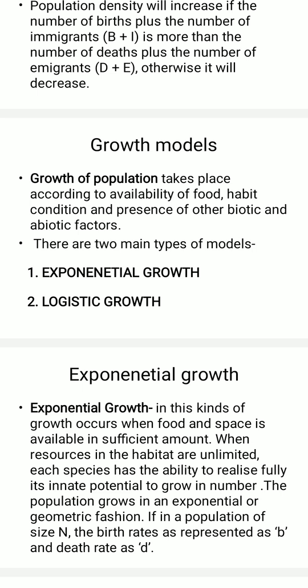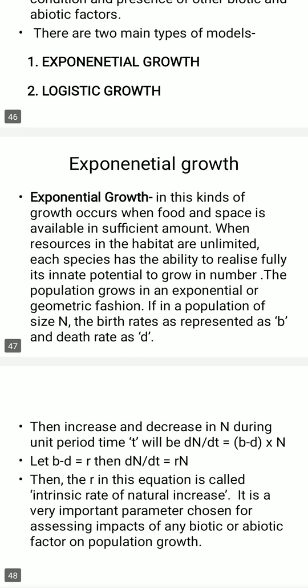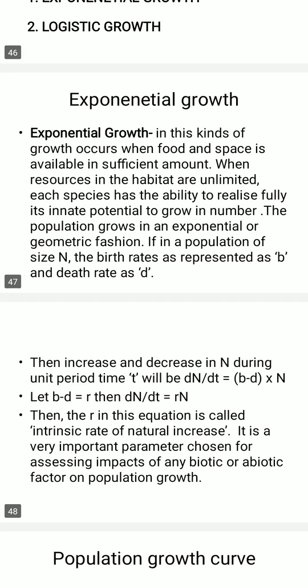In a given population of size N, the birth rate is represented as small b, and death rate is represented as small d in this particular model. Then the increase or decrease in N during a unit period of time can be represented mathematically as dN/dt.